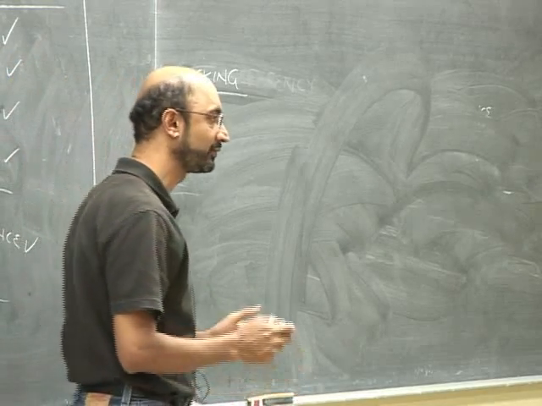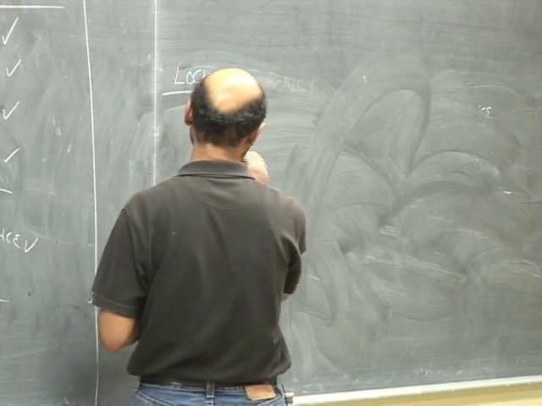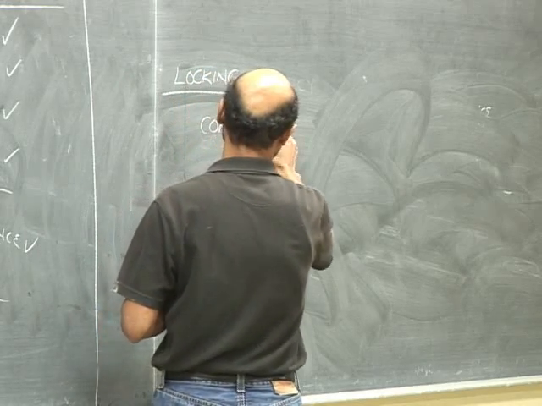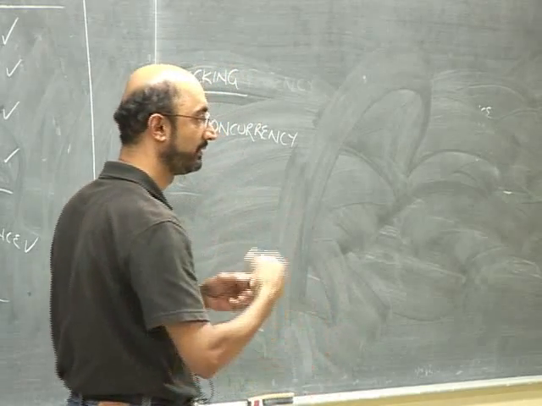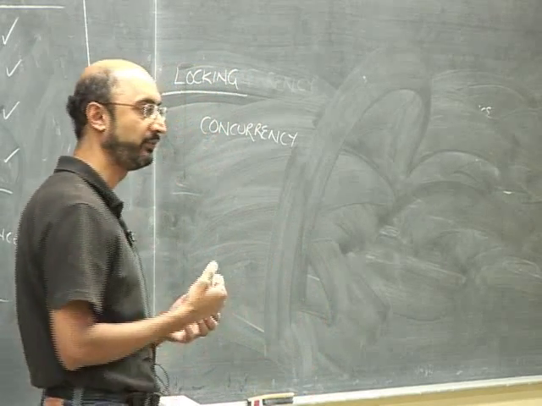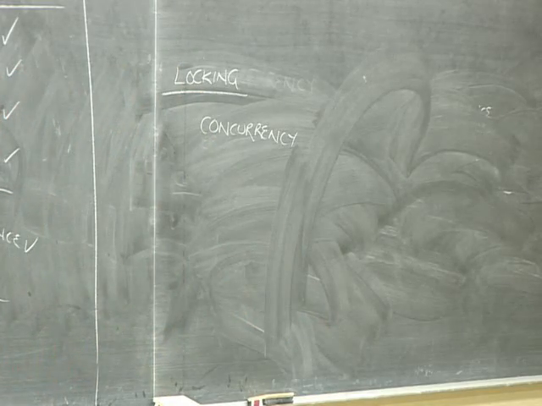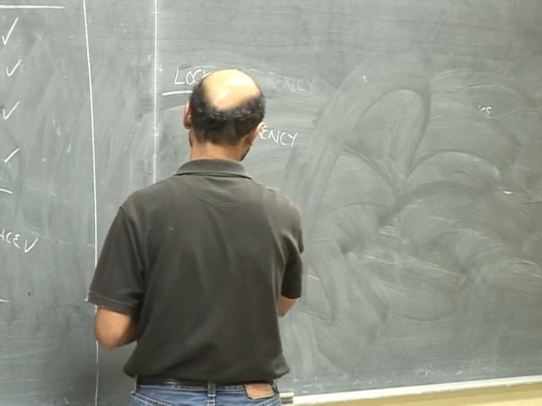I'm going to focus on just one part of it, and to think about it, I'm going to remind you that we have this problem of concurrency, where we have multiple endpoints or multiple threads of control which are all trying to access some shared element, okay? Shared element. So you have concurrency plus sharing.